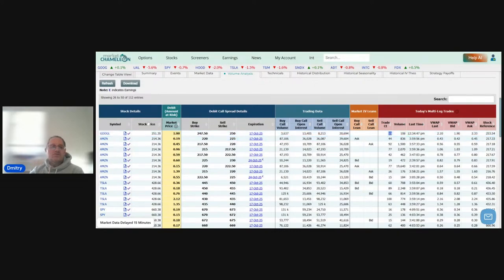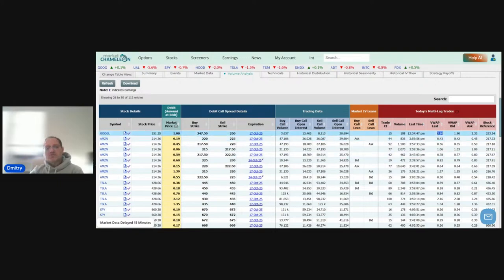times it traded. For example, GOOGL, Google, the October 17th, 247.5, 250 call spread. So right now the ask price is $1.90. Right, so that's the ask side. But the last time it traded was at 1.47. The VWAP price on the day, volume weighted average price, is 2.10.